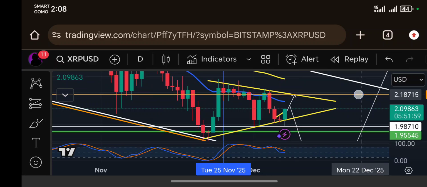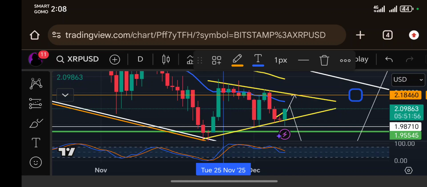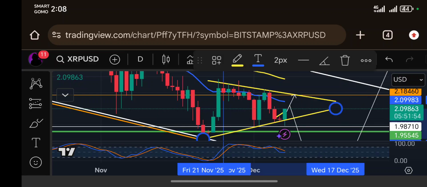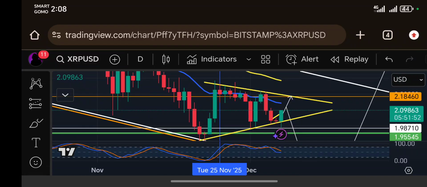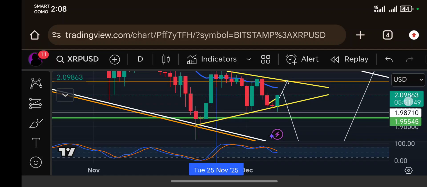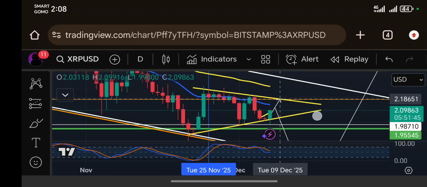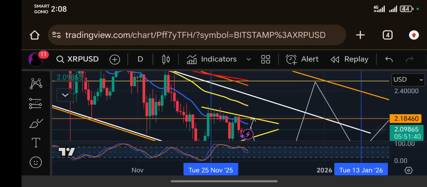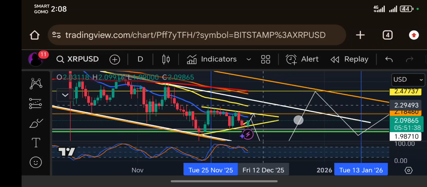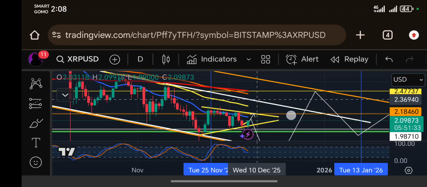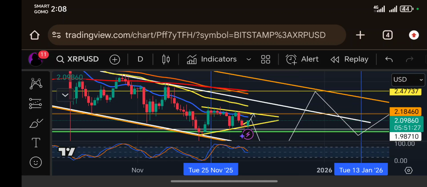I'm going to move this up right there, 2.18, and let's hope for the best that it breaks to the upside. The next resistance is this line, 2.3, 2.32, or even 2.35 US dollar as your next resistance level.